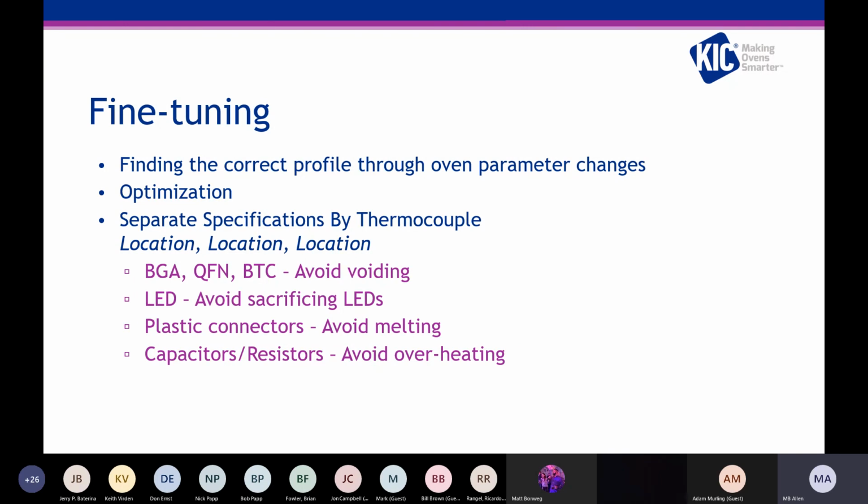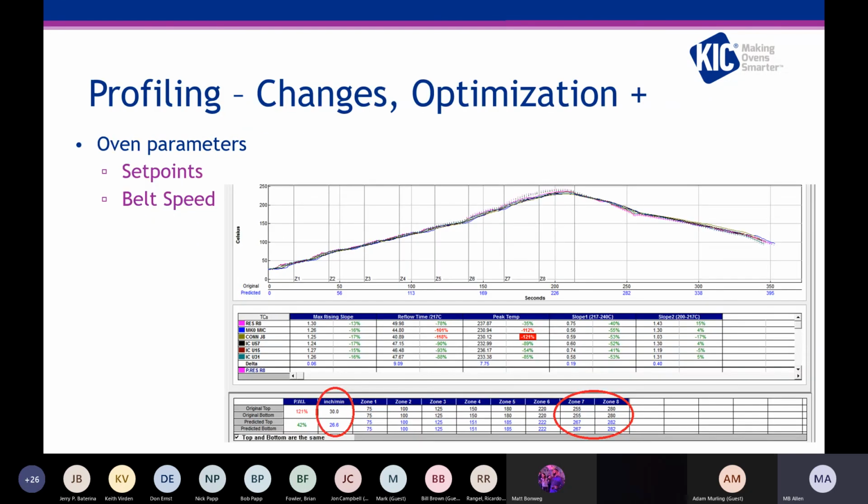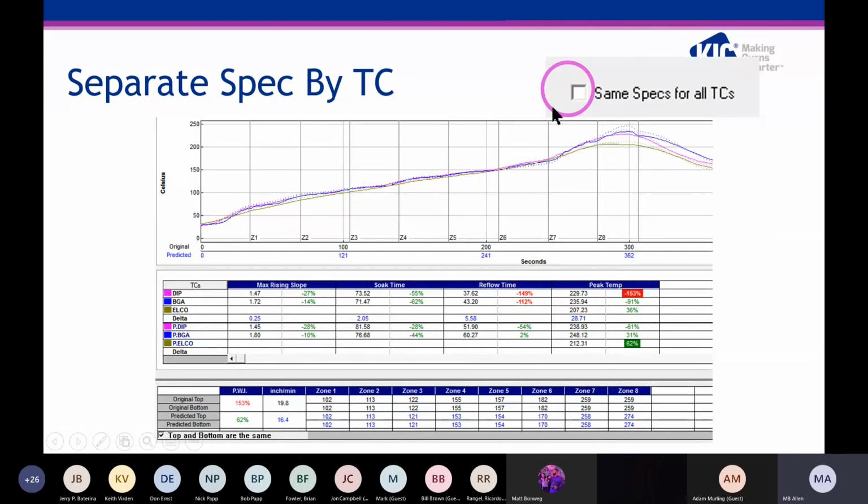So you do have different specs, as I mentioned earlier, but you do want to take into consideration all the components. One way that you can do that is by looking at each of the process windows for each of those components. Within our software, you have that capability of saying, okay, thermocouple 3, as an example, has a different requirement or a different peak temperature than possibly thermocouple 4.